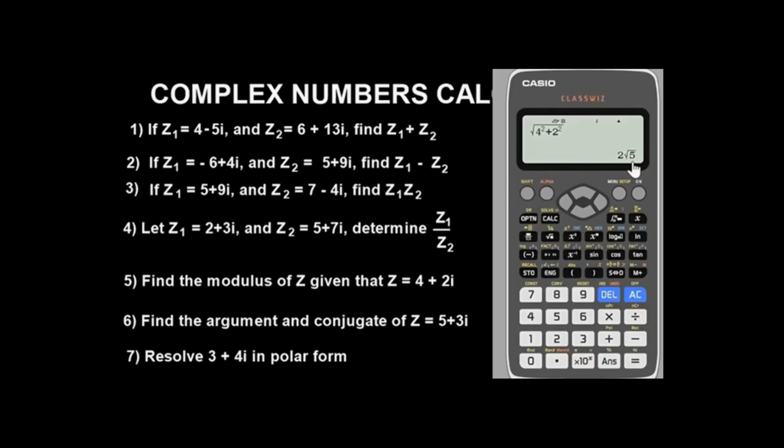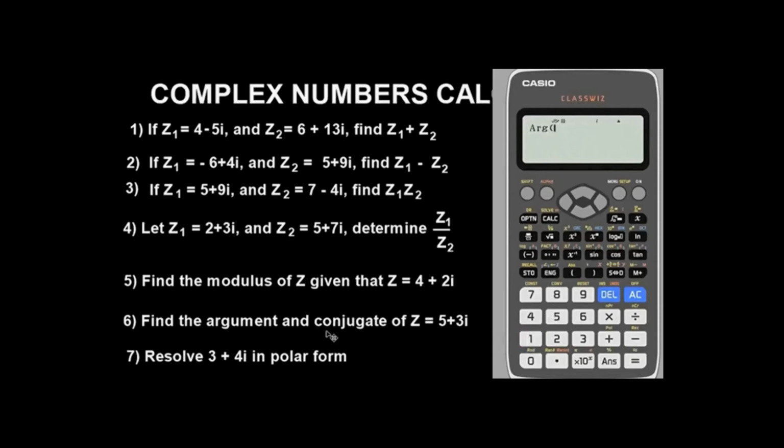Now let's solve for argument and conjugate. Okay, so you see it says find the argument and conjugate of this. So to do this, remember it's still in complex mode. All you simply have to do to make that argument, having put it in complex mode, is to press option. So option 1 stands for argument, guys. So you press 1.